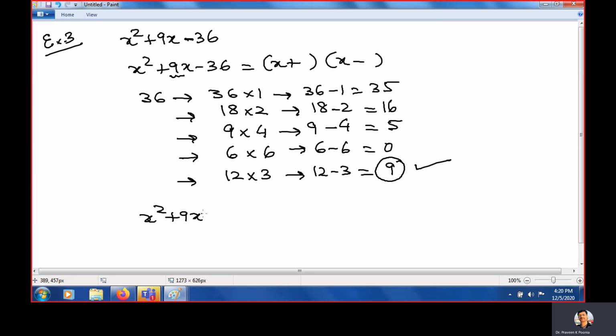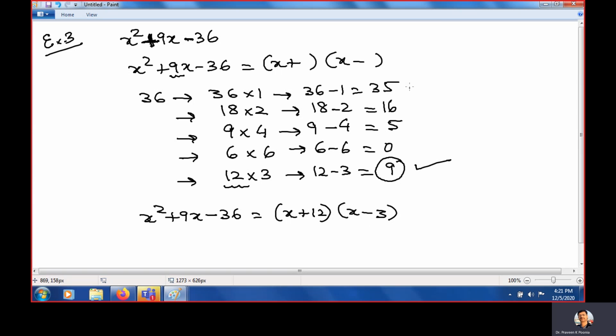X square plus 9x minus 36 is equal to x plus and x minus. Now check the middle term. Middle term is plus, so the big number will be plus. What is the big number? 12. 12 will be here and 3 will be here. This is the answer.